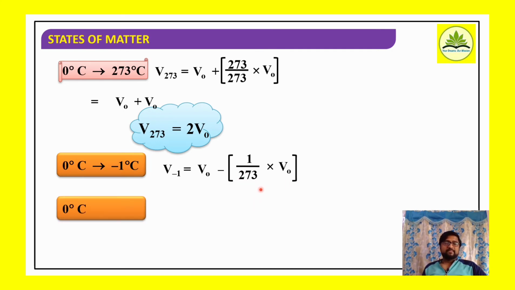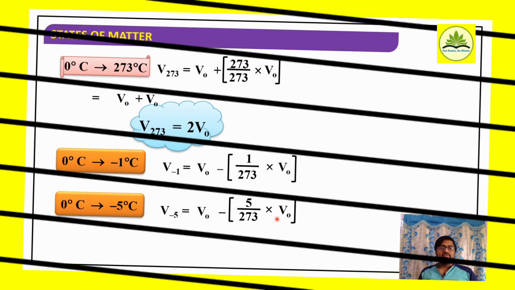Then from 0 degrees Celsius to minus 5 degrees Celsius, V minus 5, the volume at minus 5 degrees Celsius, will be equal to V naught, the initial volume, minus 5 by 273 into V naught.